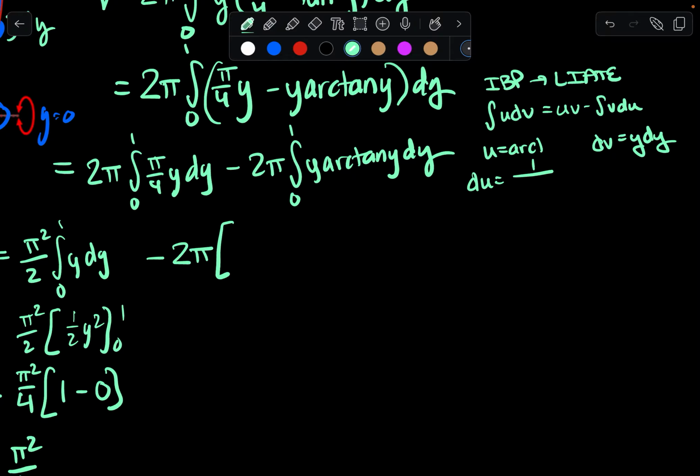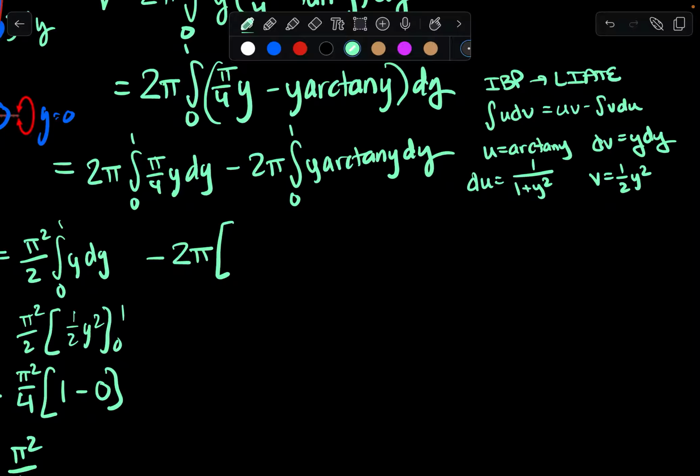Sorry about that. We get 1 over 1 plus y squared. And then if we integrate dv, we get v is equal to 1/2 y squared. You can include the c if you want to. This is a really small part of a bigger picture.